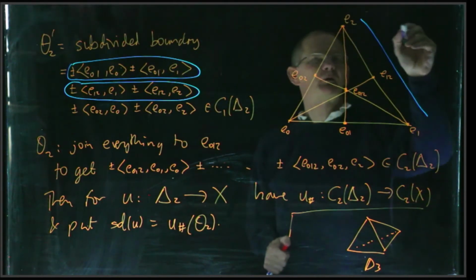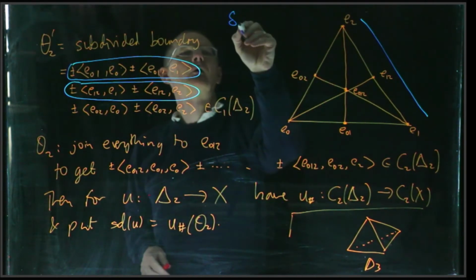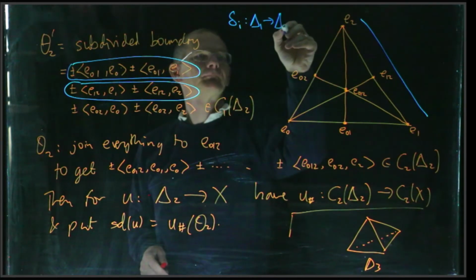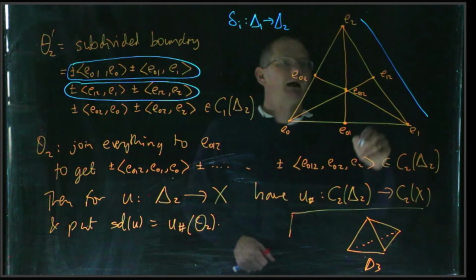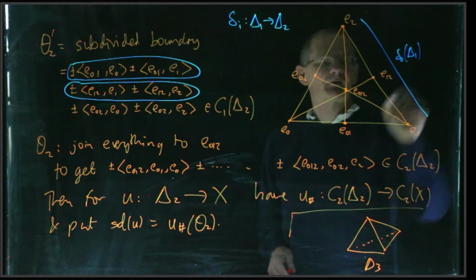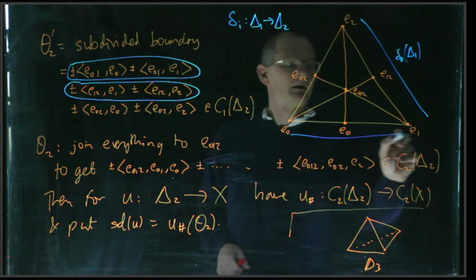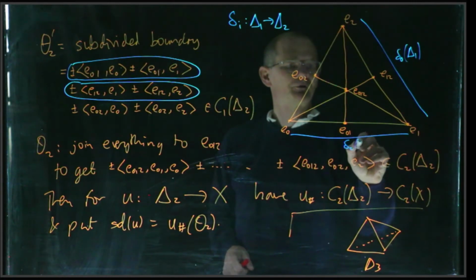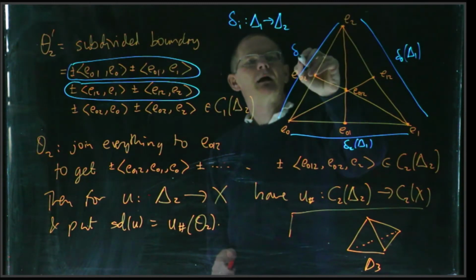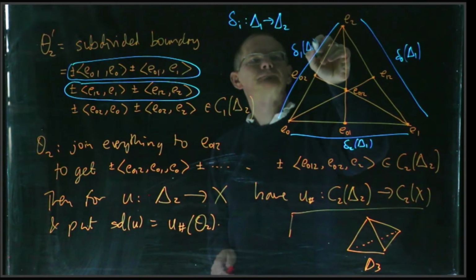Remember we've got these maps delta i from the 1-simplex to the 2-simplex. This one here is delta 0 of delta 1. The edge here is delta 2 of delta 1. This edge here is delta 1 of delta 1.